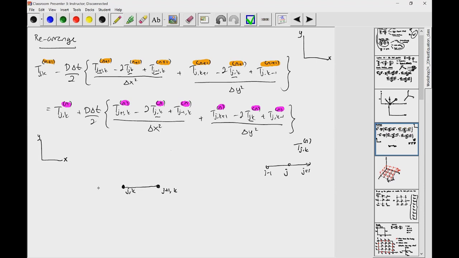You have j minus 1. What is j minus 1? J minus 1 is the point to the left. And on top of j, you will also have your k plus 1 and k minus 1. If this is jk and k represents our y-axis here, then k plus 1 and k minus 1 refer to the top and bottom of point jk.